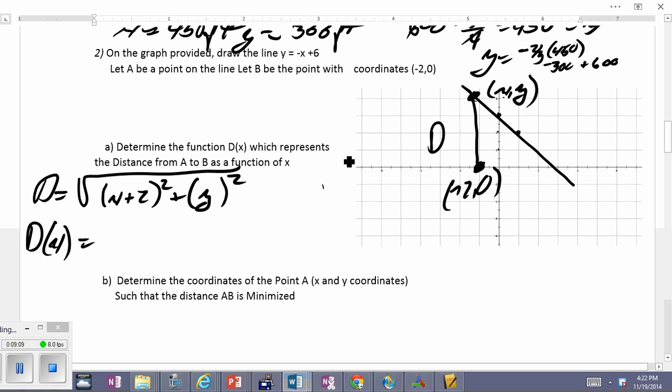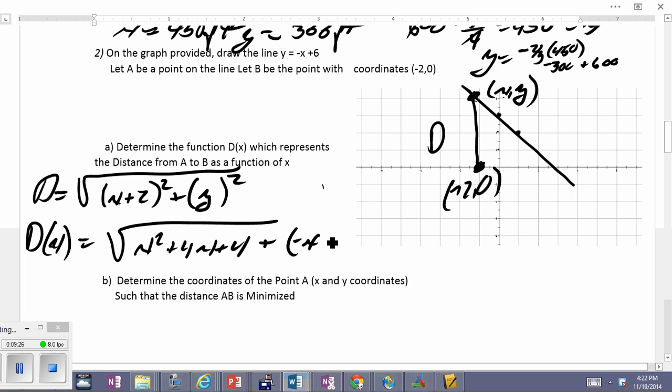Of course, that's not distance as a function of x, is it? No, but we know that y is negative x plus 6, so I'll expand this to be x squared plus 4x plus 4, and then replace the y with negative x plus 6, squared. So that's now a function in terms of x.